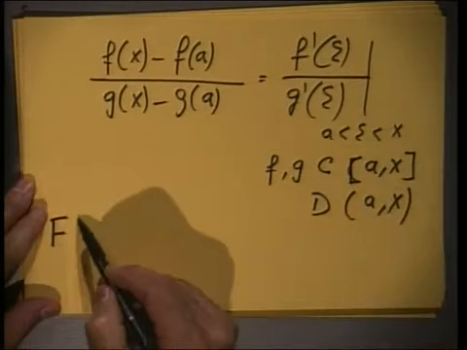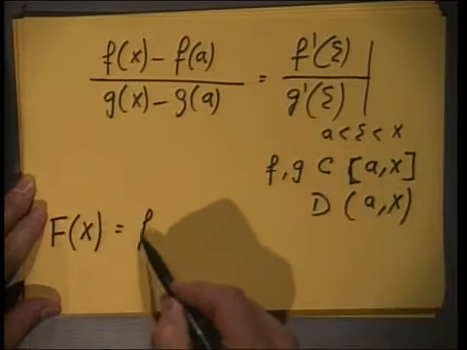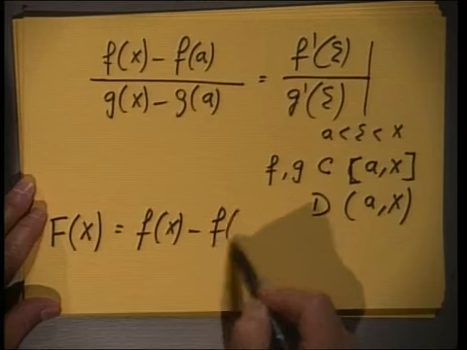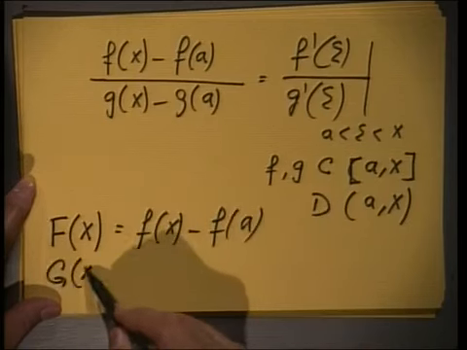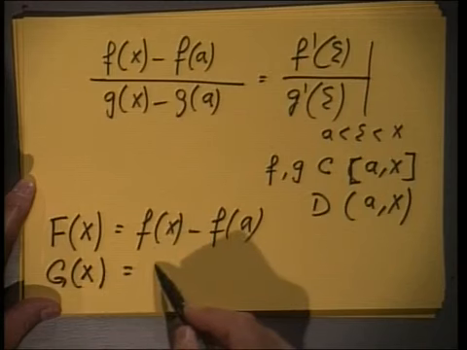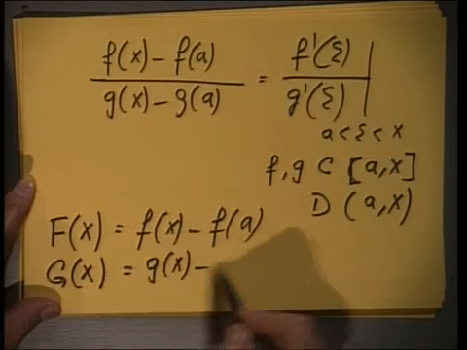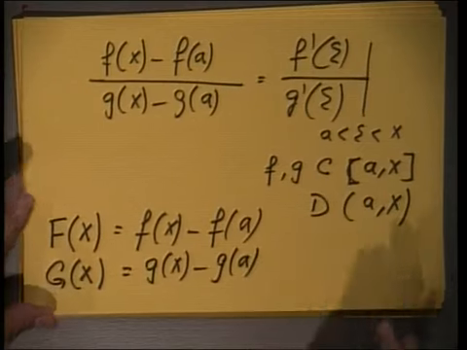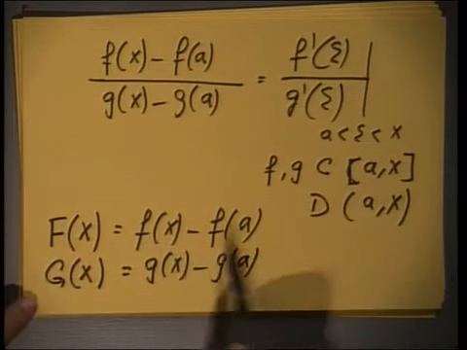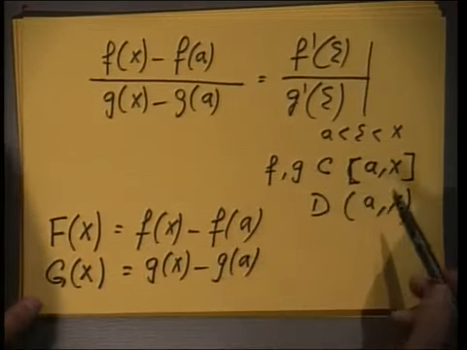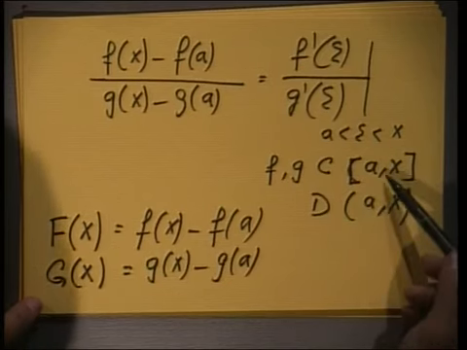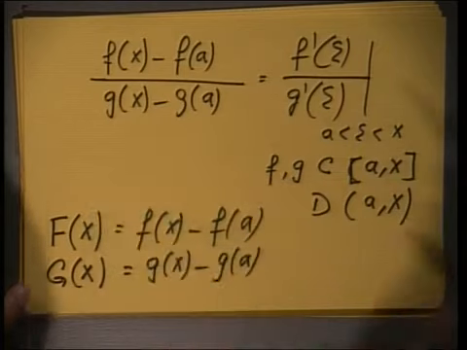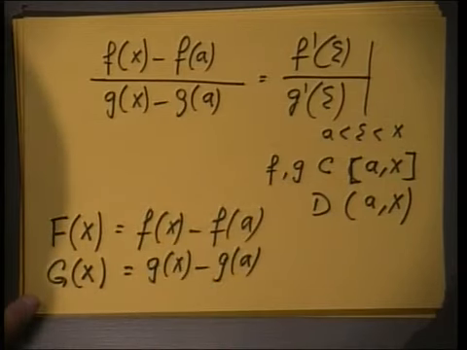You construct another function, capital F of x equal to f of x minus f of a, and at the same time you pose another function, capital G of x equal to g of x minus g of a. Since you know very well that f and g are differentiable and continuous respectively on the open interval and the closed interval, capital F and capital G have the same property.